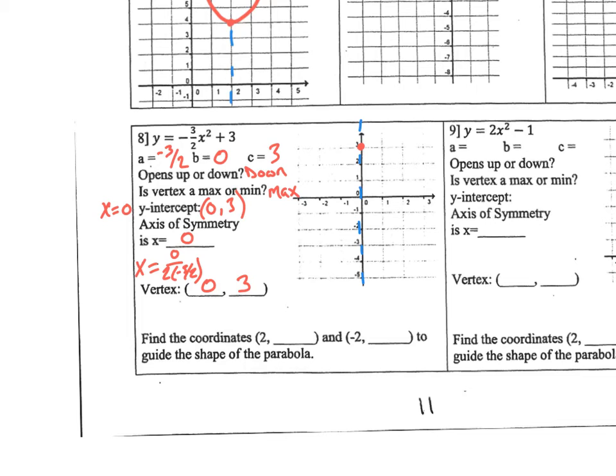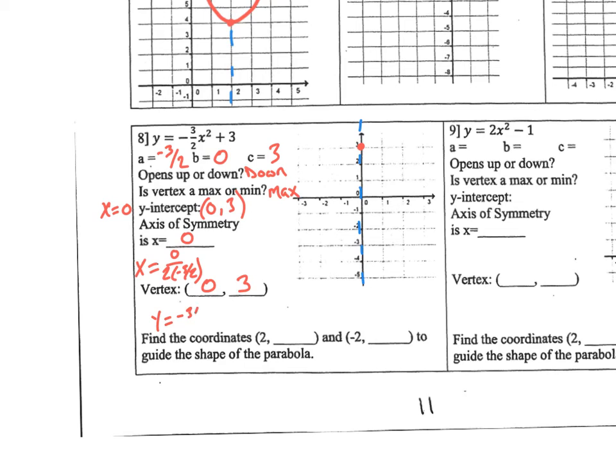And notice down here, find the coordinates 2, blank and negative 2, blank. How do I know that I'm going to get the same thing in this case for 2 and negative 2? Well, I know because they're both the same distance from the axis of symmetry. 2 is 2 to the right. Negative 2 is 2 to the left. So really, if I find one, I'm going to find the other. So let's say we take 2 and we plug it in.